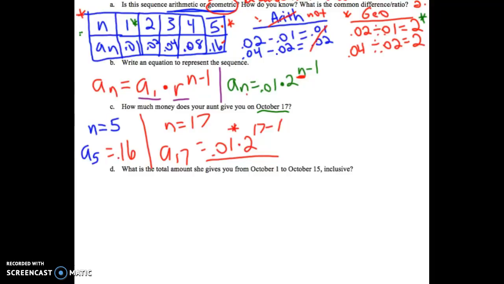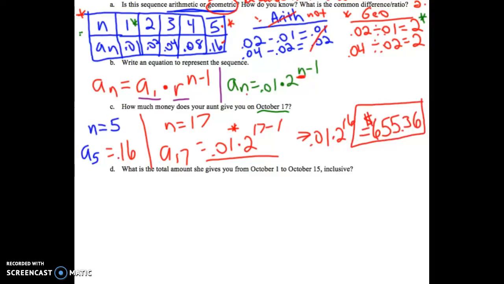You could also write 0.01 times 2 raised to the 16. Either way would give you an answer of $655.36. Take a moment to try that on your calculator. Make sure you get $655.36.